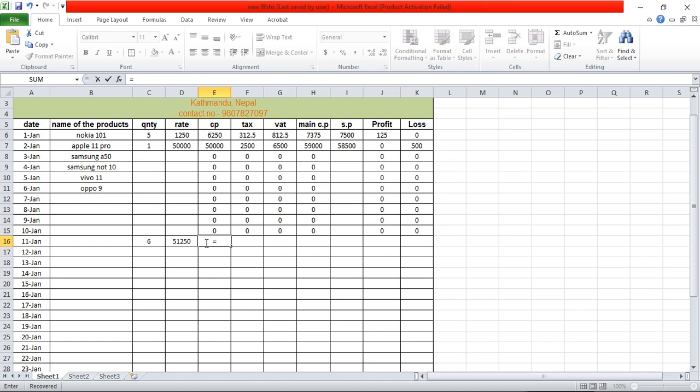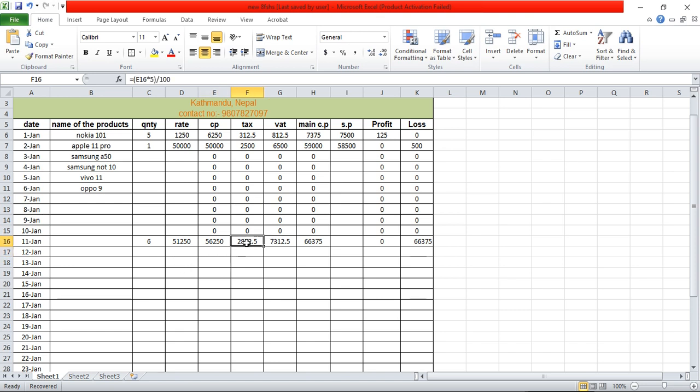Or another method is equals to, if you start the bracket, then you can select the columns from this to this. Okay, close the bracket, press enter. See, this is the scenario.